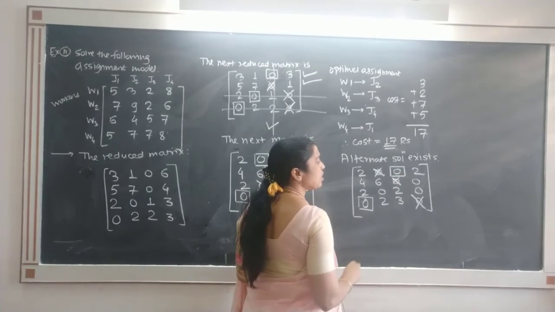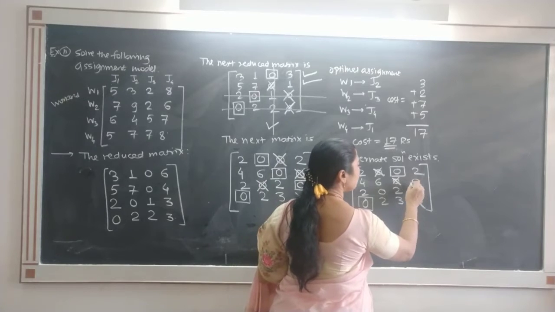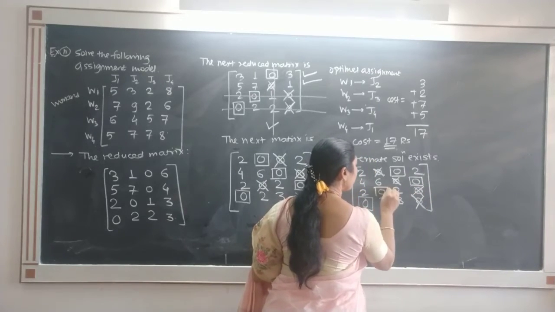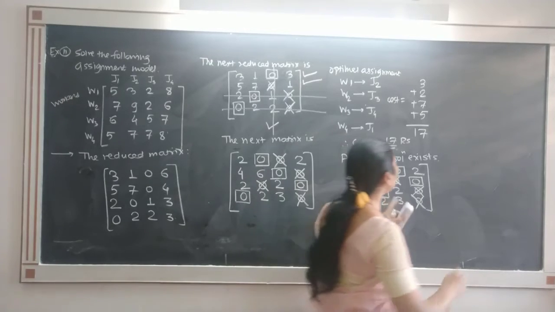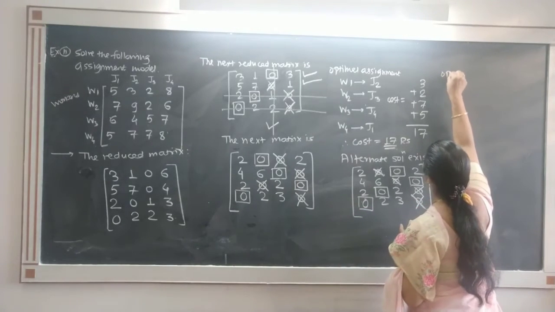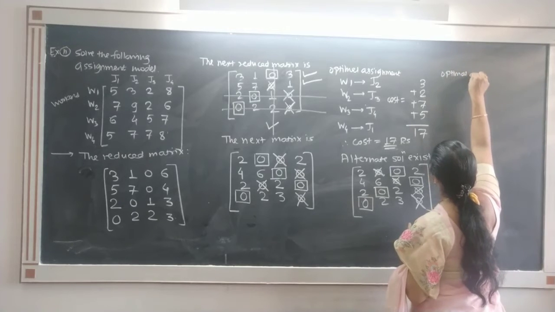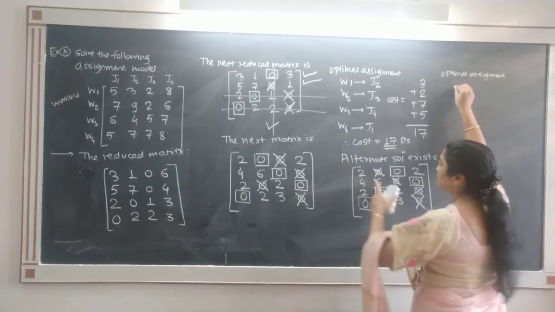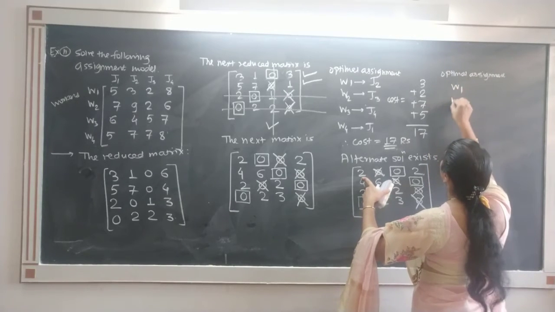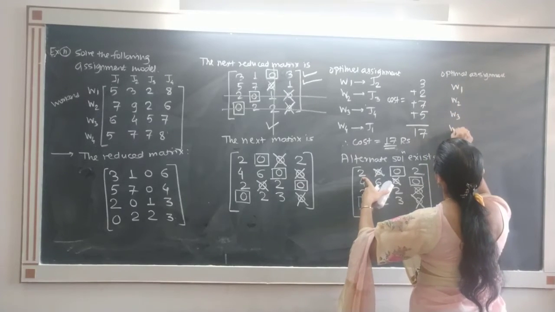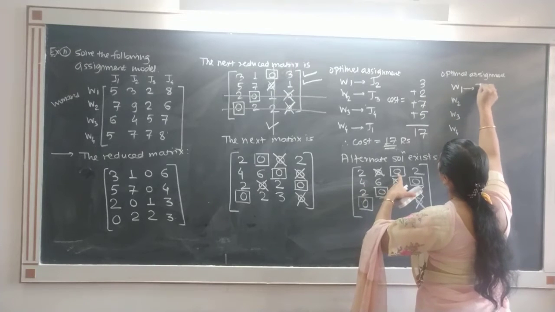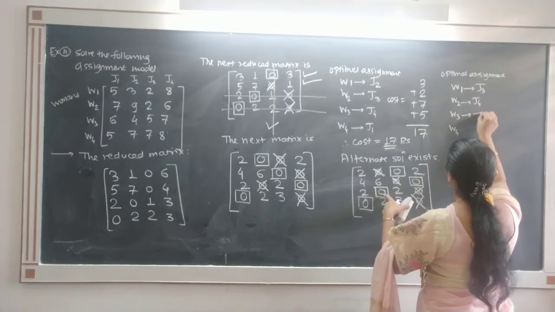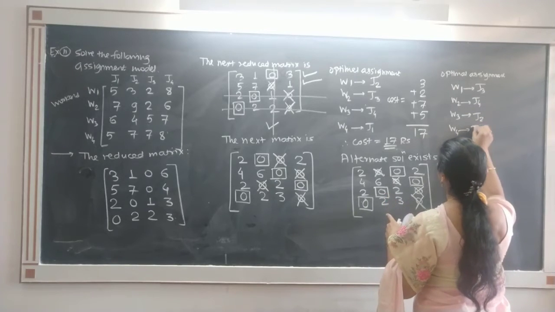Now search for single 0 again. Single 0 in this. So box this, cross the other and single 0 here, box this. So this is alternate assignment. So what is optimal assignment? The second optimal assignment is W1 is assigned to J3, W2 to J4, W3 to J2 and W4 to J1.